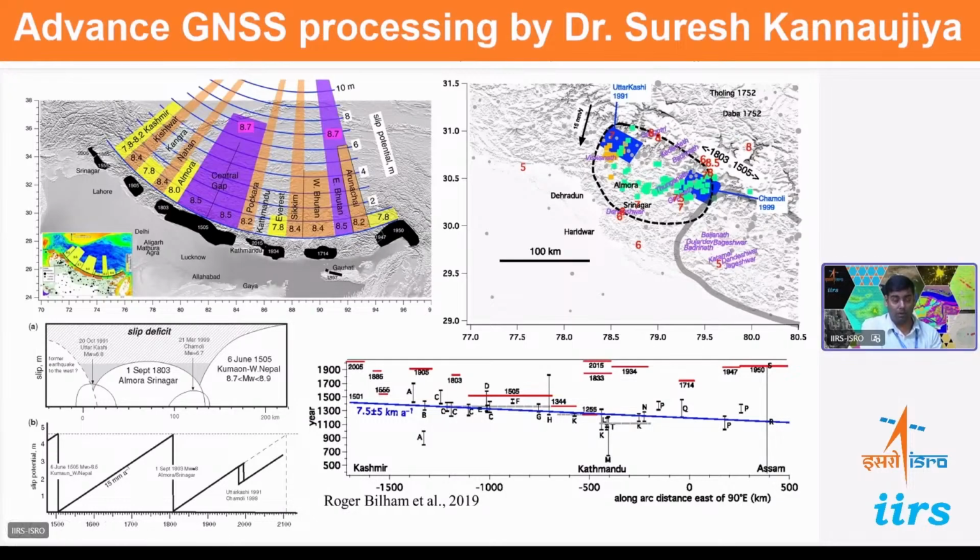If we compare with respect to 1803, these two earthquakes have accommodated some energy, but huge energy is still present along the fault plane, and continuous strain accumulation is going on.